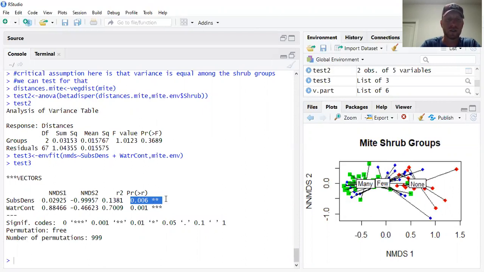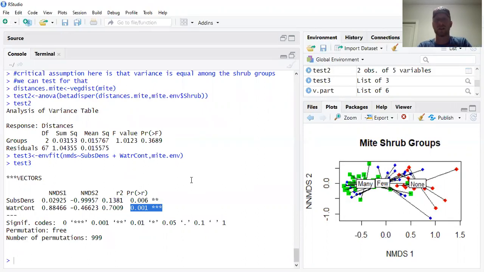So 0.006 means there is a significant relationship there, and about 14% of the variation in mite community structure can be explained by substrate density measured on a continuous scale. The more interesting one, I think, is water content. Notice that the R-squared there is 70% of the variation in mite community structure is related to water content, and that is a significant level.